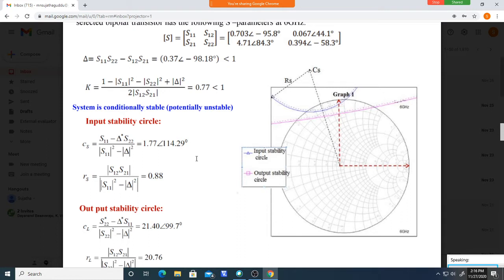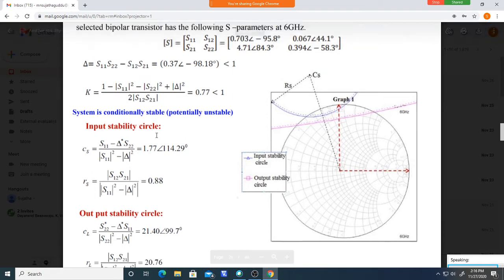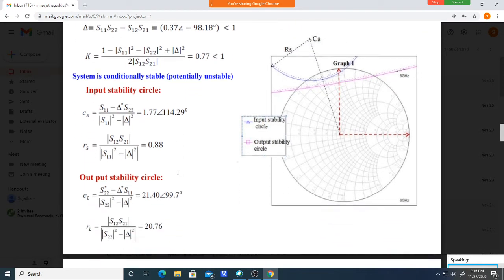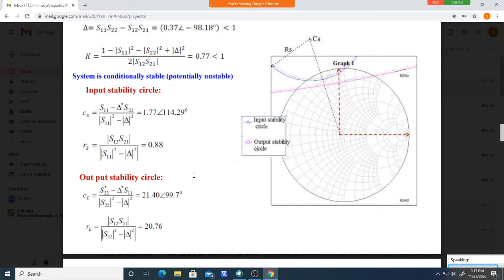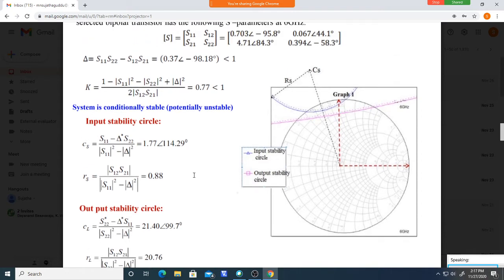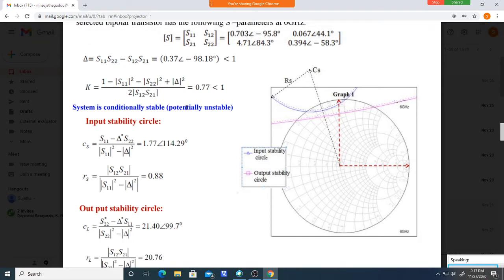So you should now draw the input stability circle and output stability circle to get the region of values you cannot use for stable operation. These two more circles you should draw if it is conditionally stable.